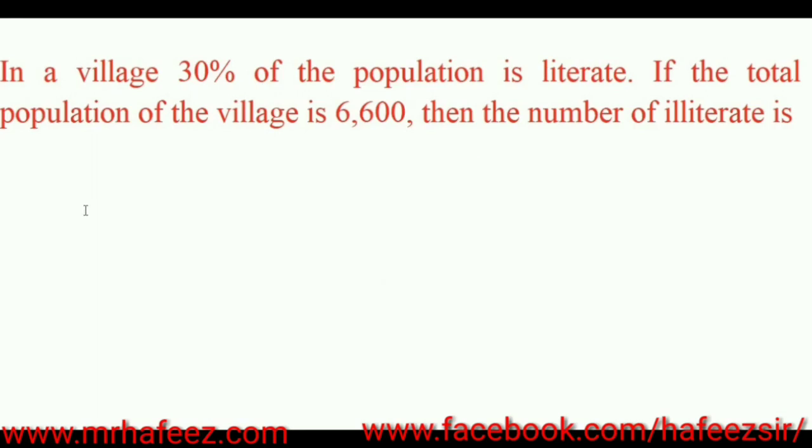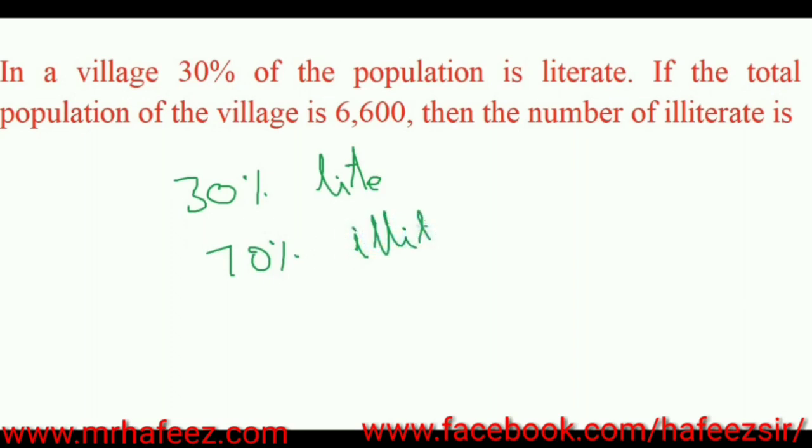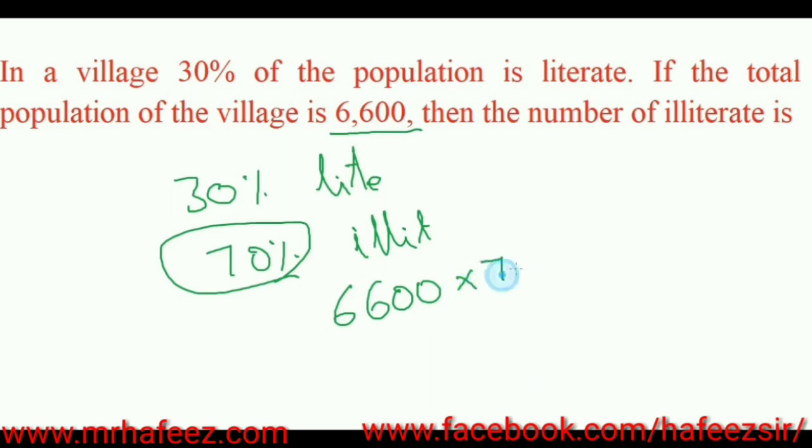In a village, 30% of the population is illiterate. And if the total population is 6,600, then find the number of illiterate. See, if 30% are literate, then 70% are definitely illiterate. So you should directly find the total population 6,600 into 70 by 100, 70% of it.